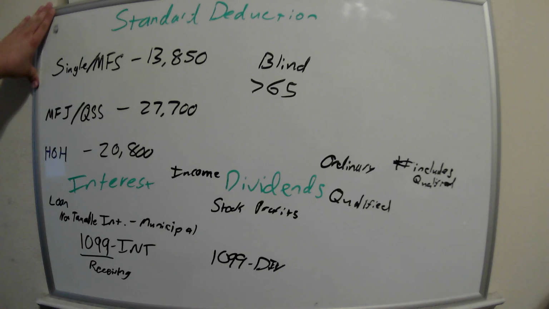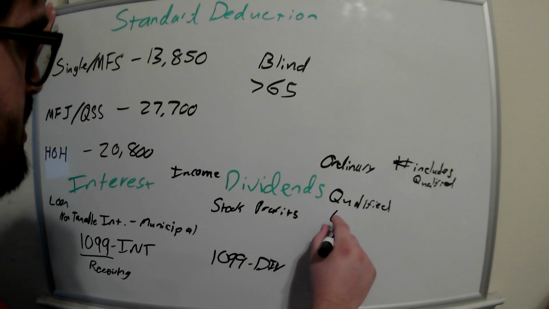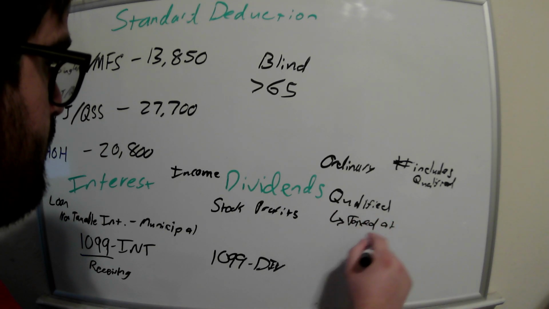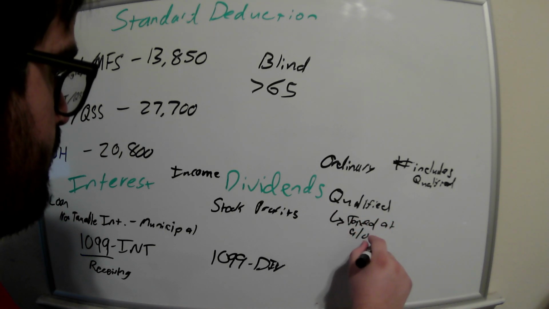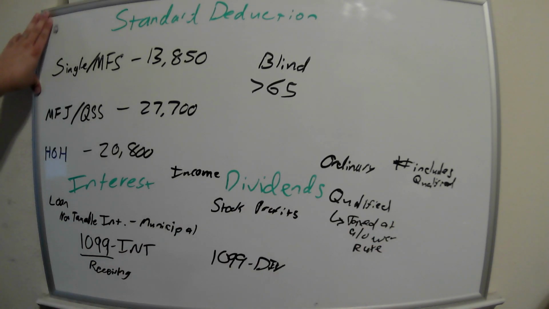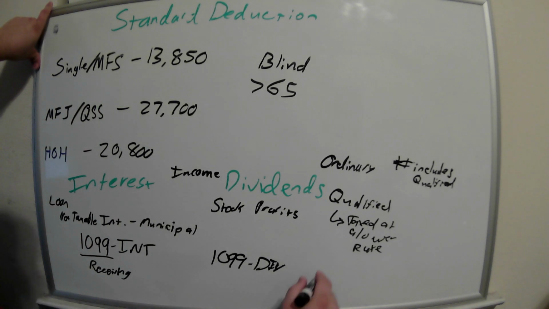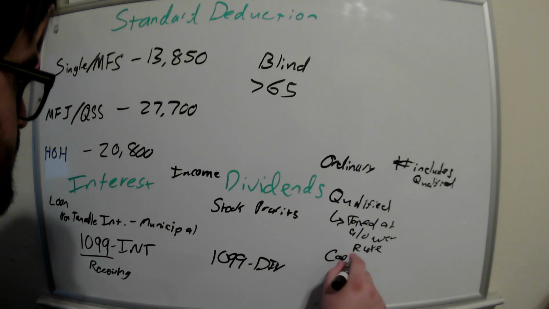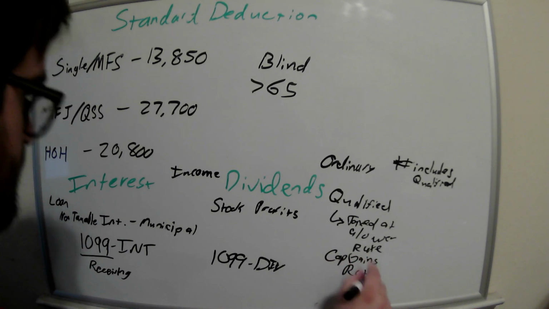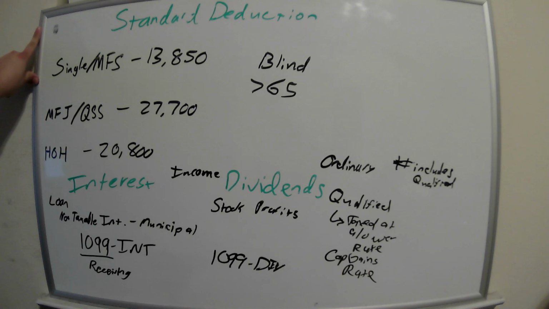The reason we care about this is that qualified dividends get taxed at a lower rate. They're taxed the same as capital gains, which makes them slightly lower taxes.